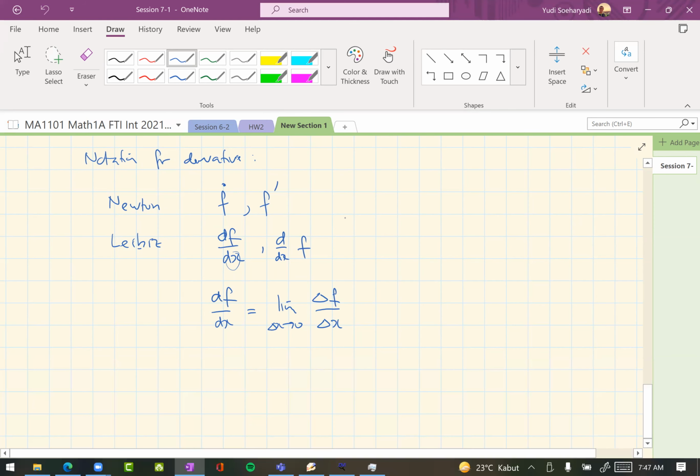In the Leibniz notation, this is really intuitive. When you have delta y over delta x and take the limit, it converges to dy over dx. So delta becomes d. This is the intuition. It's far more intuitive than just the dot or prime notations.